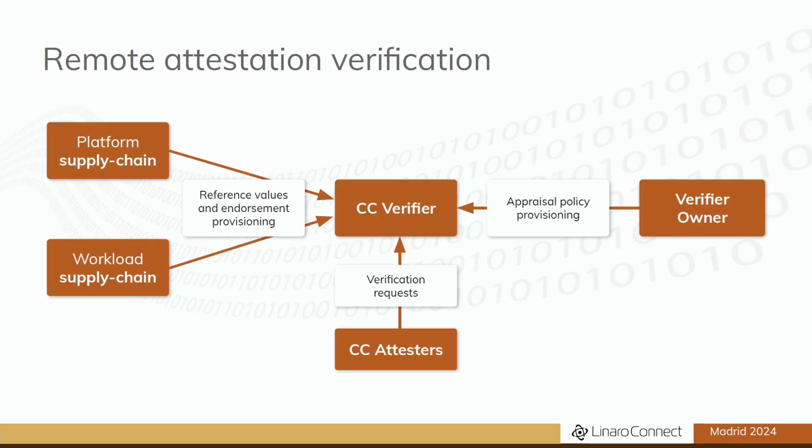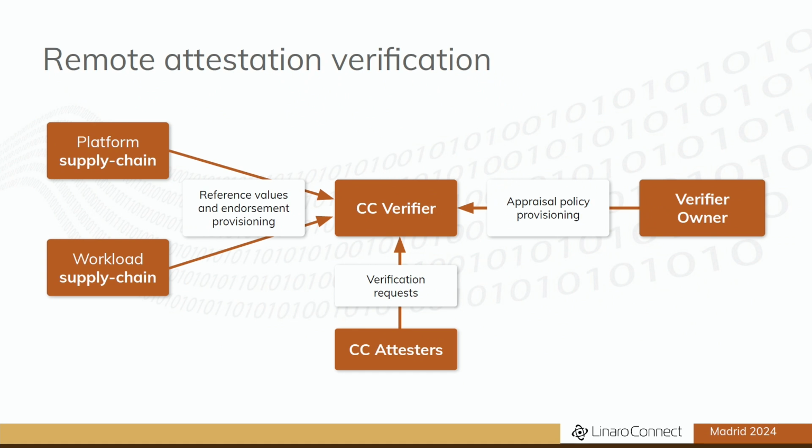The idea is that at some point in time, that is not too far away, we can have some kind of general services that can get input values, we call them endorsements, right, from the supply chain. So basically, hardware providers, firmware providers, software providers, they provide reference values or basically hashes of their platforms or softwares.